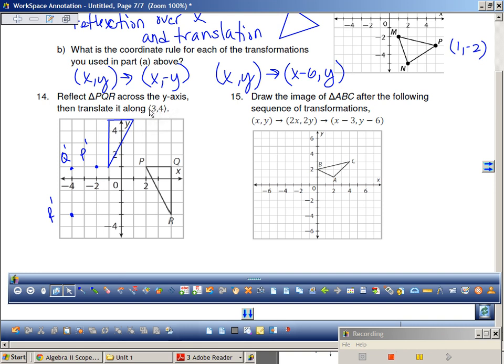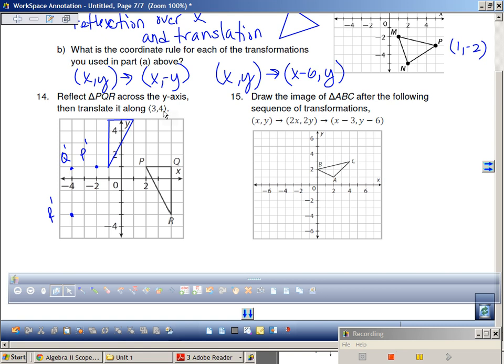What's this called? That's the vector. In what form? Component form. I'm just trying to get that vocabulary back and forth to you, okay? That's the vector. That's what tells you how you need to move, right?